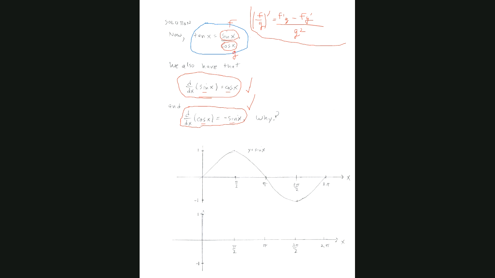First I'm going to show that the derivative of the sine function is the cosine function. I've graphed the sine function just from 0 to 2 pi. Just one cycle of it will be enough.